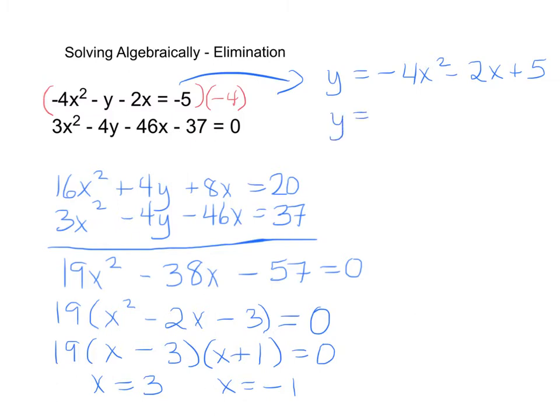Y equals negative 4 times 3 squared minus 2 times 3 plus 5. So what does y equal? Y equals negative 37. So this is where it makes sense to write your answer as an ordered pair, so that we know that the x and y that are paired together are 3 and negative 37.